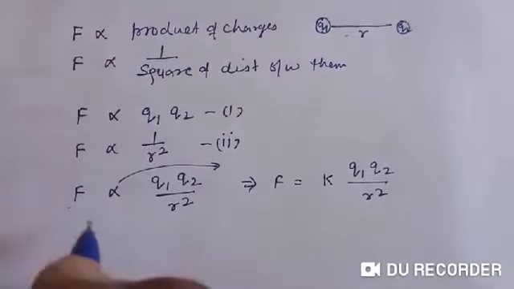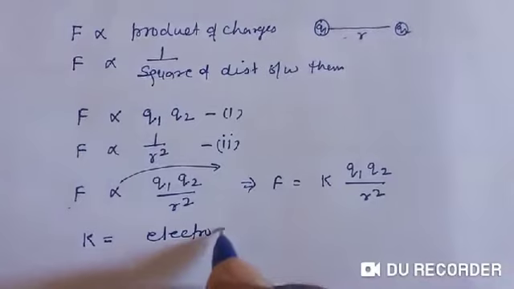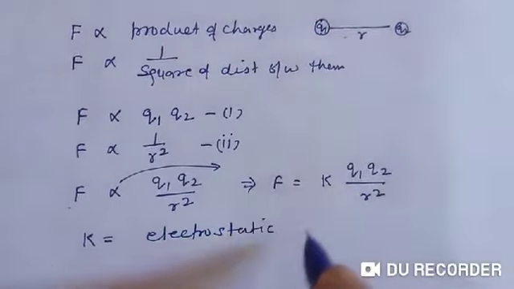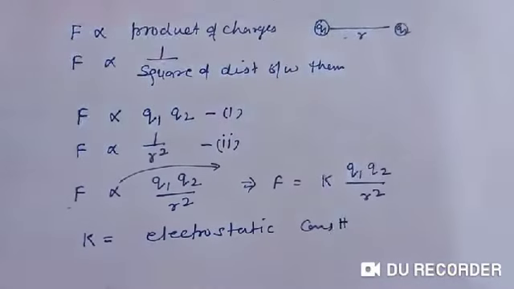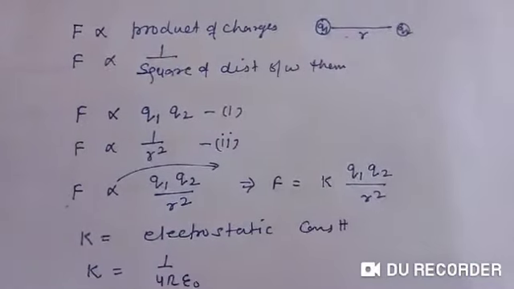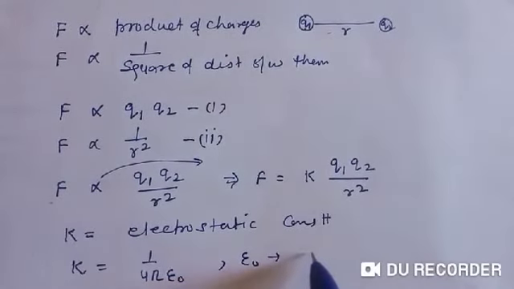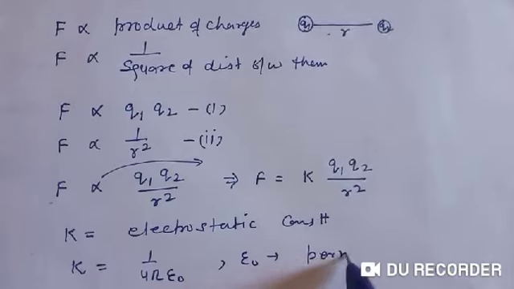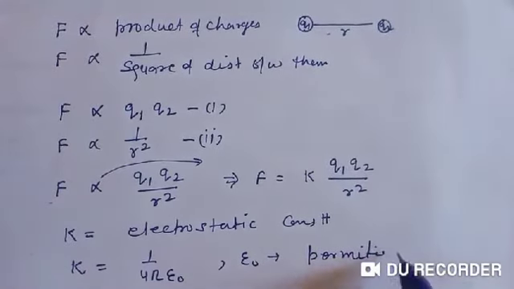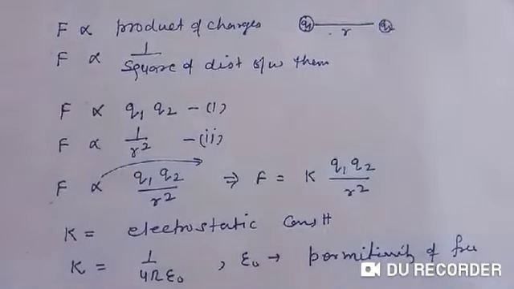K is the proportionality constant and is also called the electrostatic constant. Its value is given by 1 upon 4 pi epsilon 0. Epsilon 0 is the permittivity of free space or vacuum.